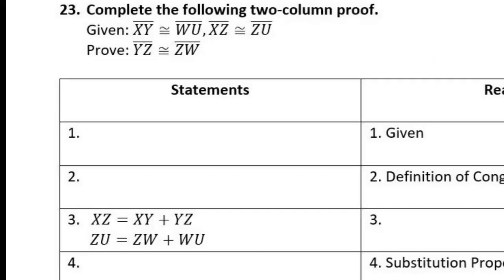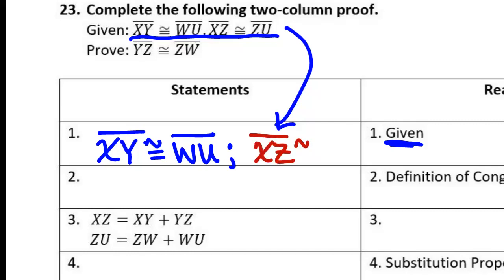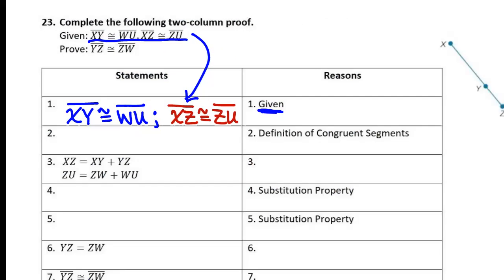All right, 23. It tells me my first reason is because that's given, so I'm going to write all of my given information right here in this first box. Segment XY is congruent to segment WU, and segment XZ is congruent to segment ZU. I'm going to go mark that on my picture too.